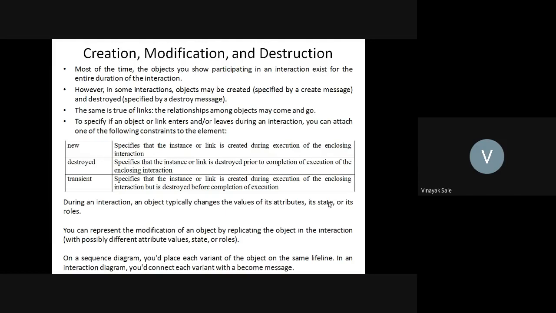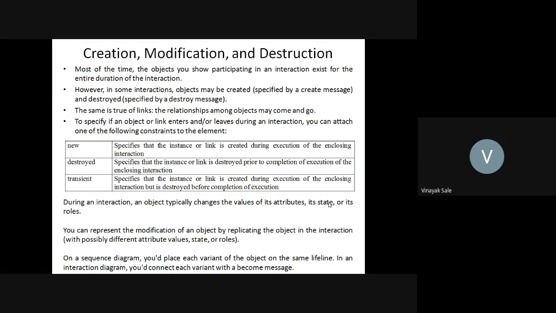The same is true of links. The relationships among objects may come and go. To specify if an object or link enters or leaves during the interaction, you can attach one of the following constraints to the element. So there are 3 constraints: new, destroyed, and transient.